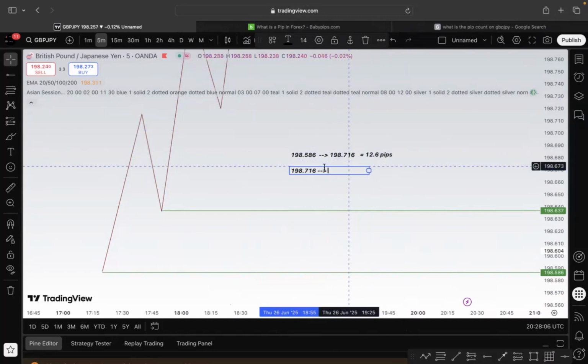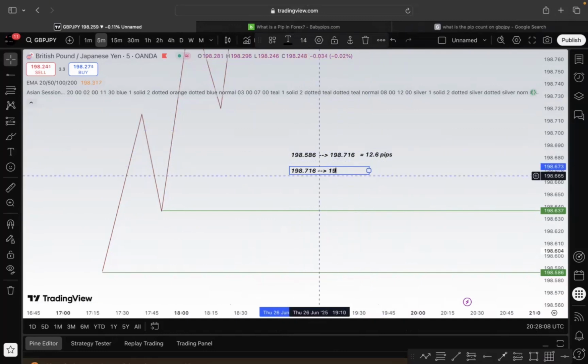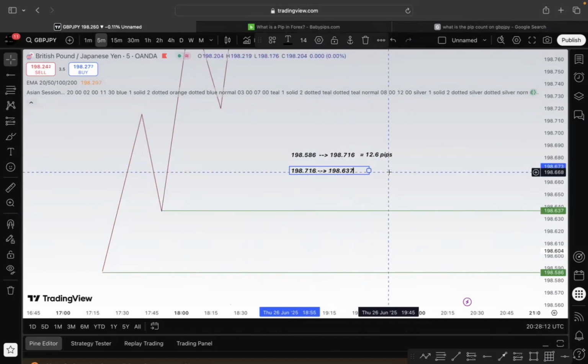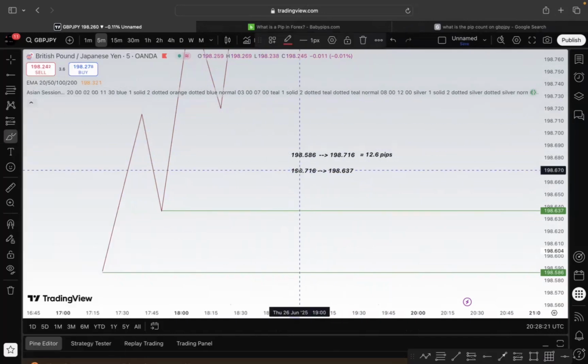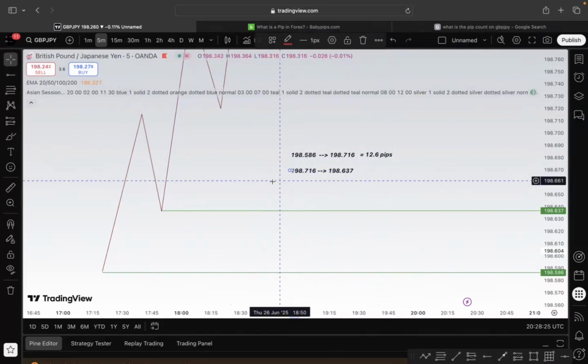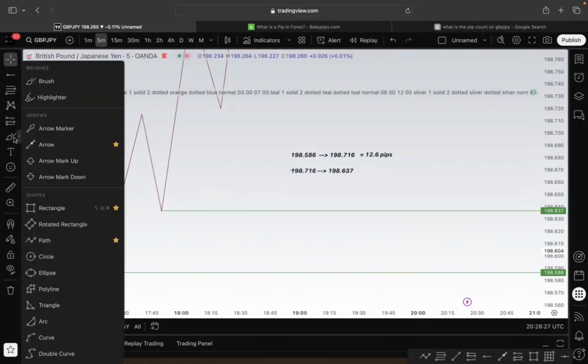Yeah, so 198.716 to 198.637. Same thing, we use the same formula, or the way I calculate, squash out or strike through the similar values.